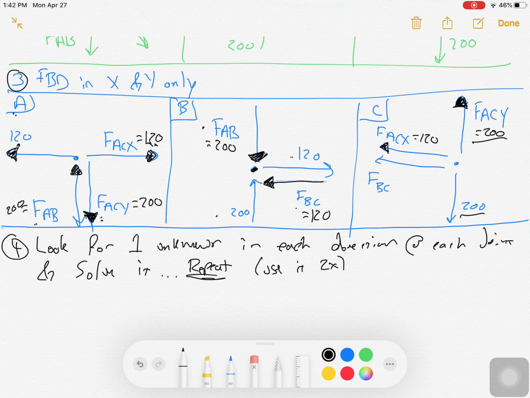So it has to compress on point C too. So it's pushing in on point B, it's going to push in on point C. There's 120 here, so it's 120 there.